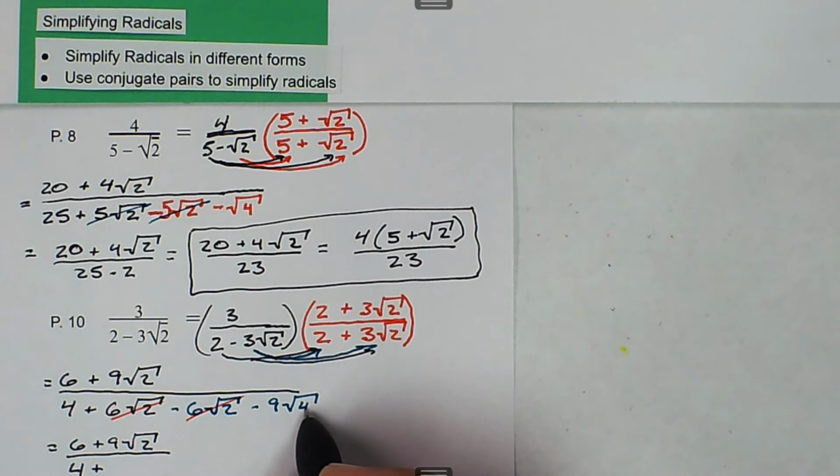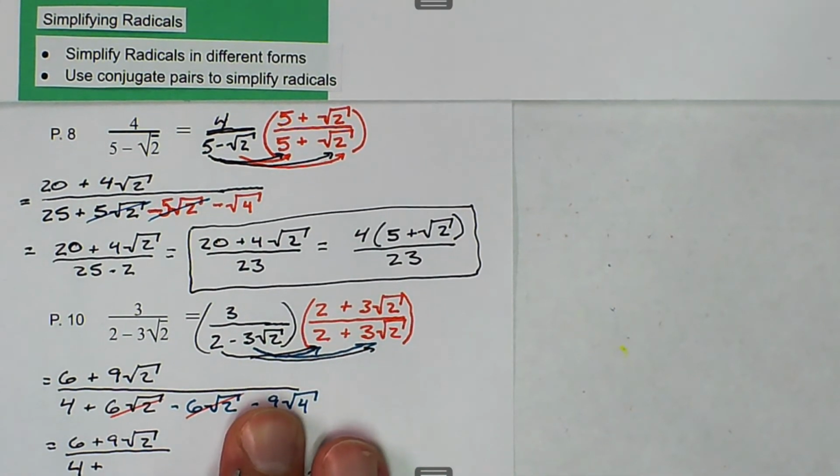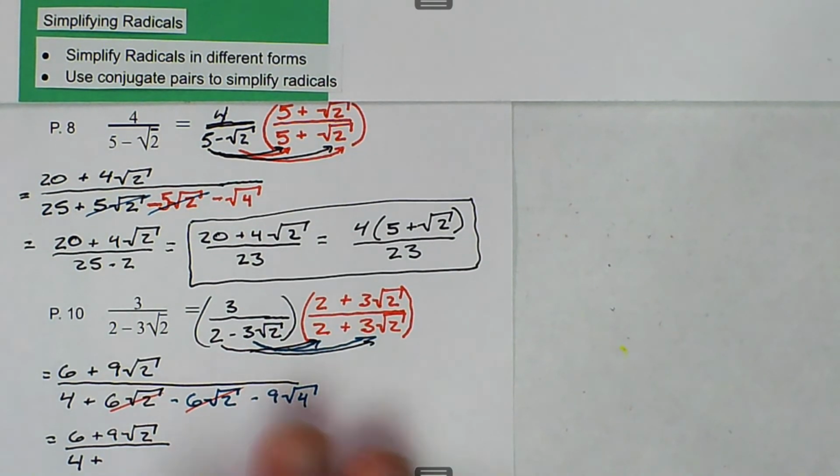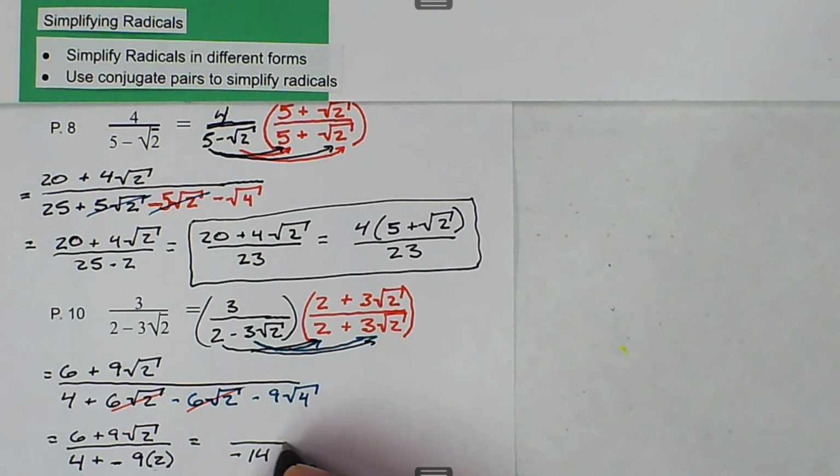We know what the square root of 4 is. The square root of 4 is 2. So it'll be plus, well, that's the plus sign, but then this is minus, so minus 9 times 2. And that is going to be equal to negative 18 plus 4, so this ends up being negative 14 in the denominator.